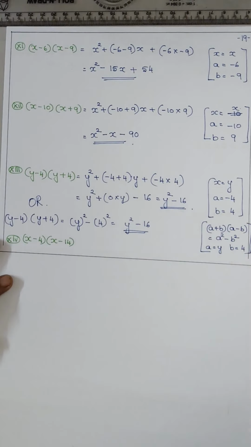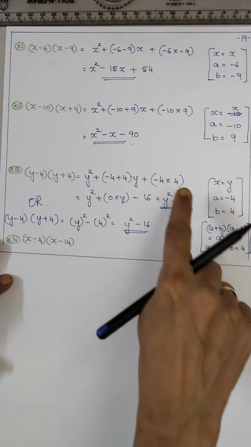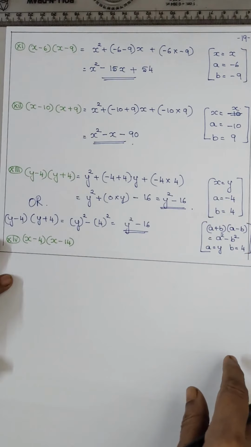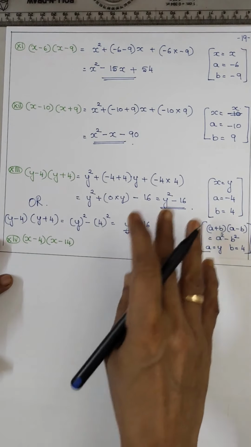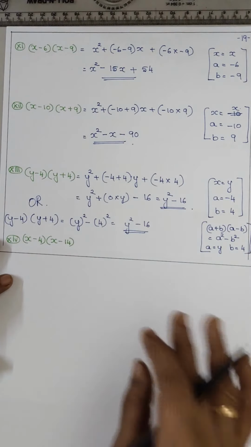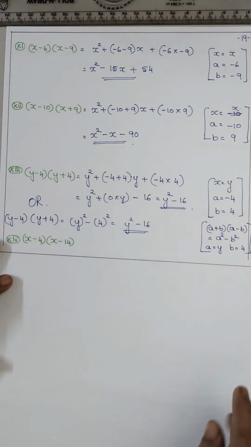Same answer you got. If they say according to the fifth identity, you have to do this method. If they don't say anything, you can do any method. If they say third identity, you have to go according to this.